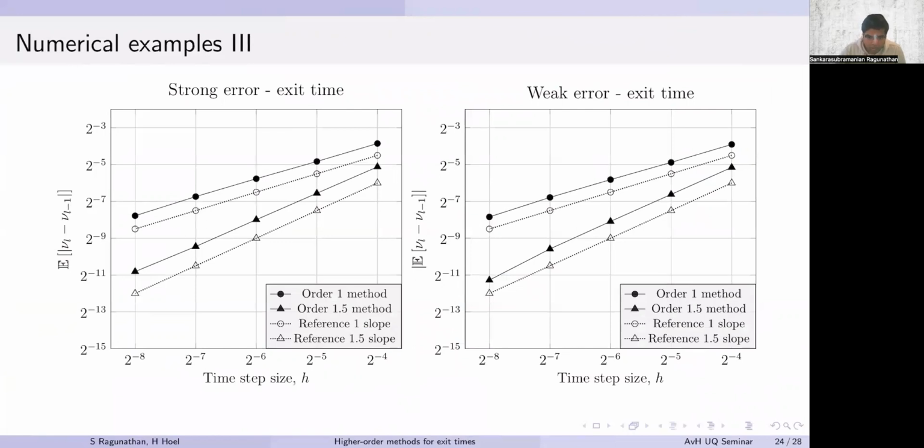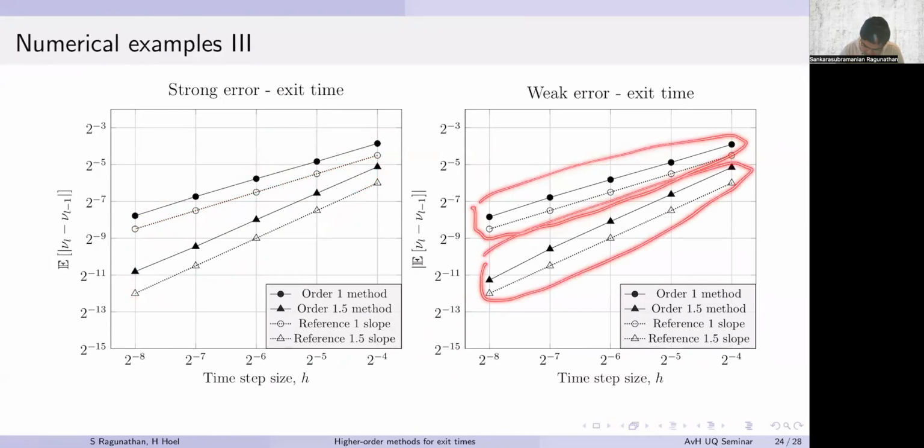So as you can see, for the order 1 scheme, if I were to use the Milstein scheme here, you get the order of convergence 1. And if I were to use the order 1.5 scheme, I improve the strong error rate of the exit time computation. And this also in turn improves the weak error, as you can see here.